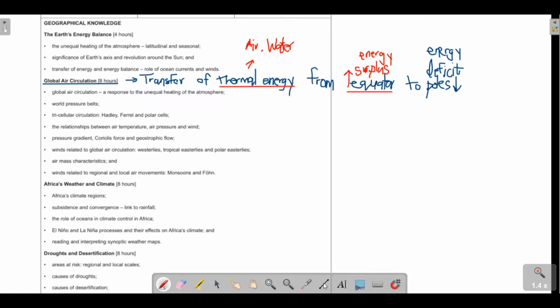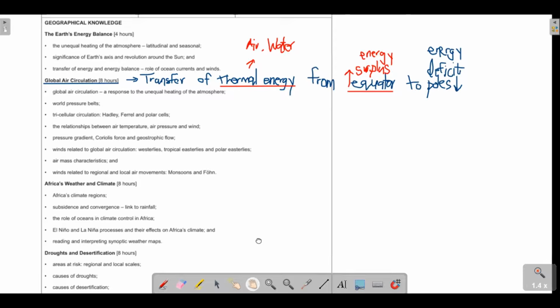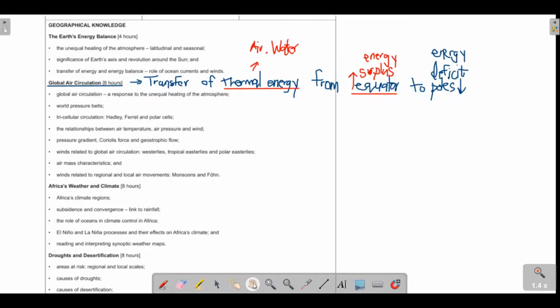Okay, so we're trying to basically regulate the amount of energy that is distributed across the world. So hence we say that global air circulation is a response to the unequal heating of the atmosphere. Okay, we do know that the earth is heated differently. We did cover that in the last episode, and so this is a response to that.